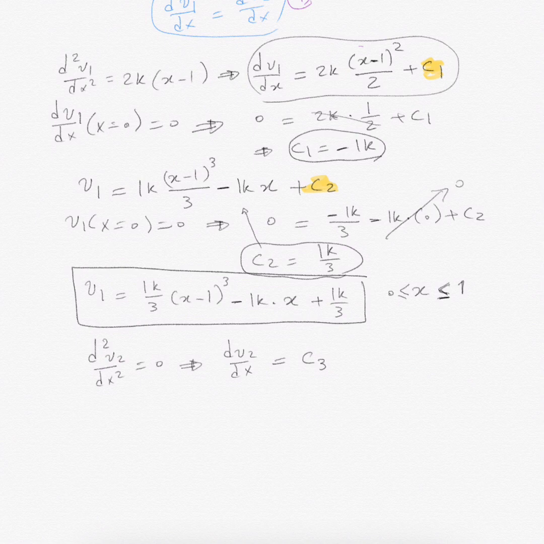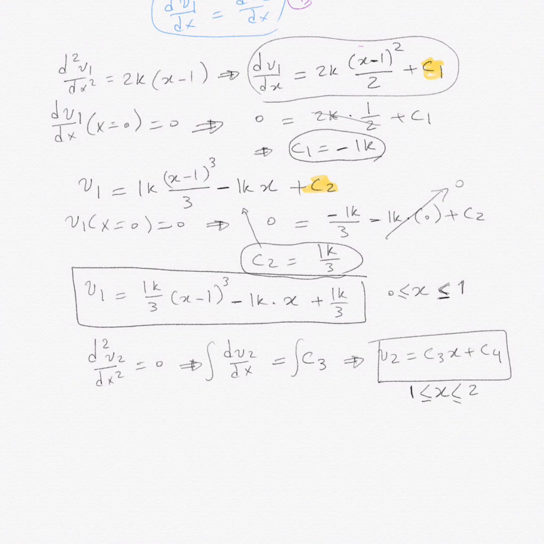That's the reason I use c3. Let's integrate this one more time to get v2. So if I integrate one more time, I get v2 is equal to c3 x plus another constant of integration. Let's say c4. So this is a complete curve for my deflection between x equal to 1 and 2.